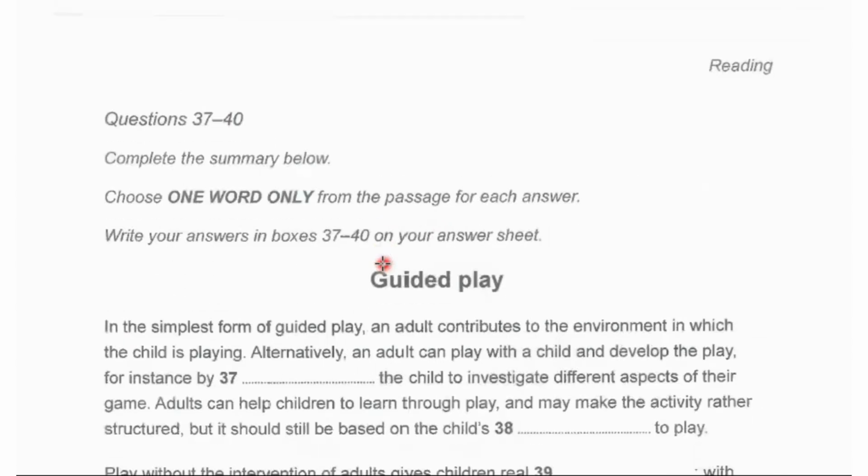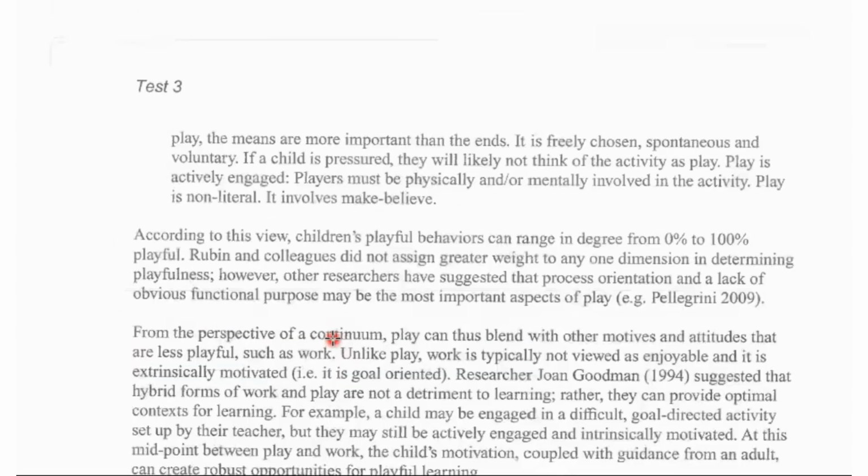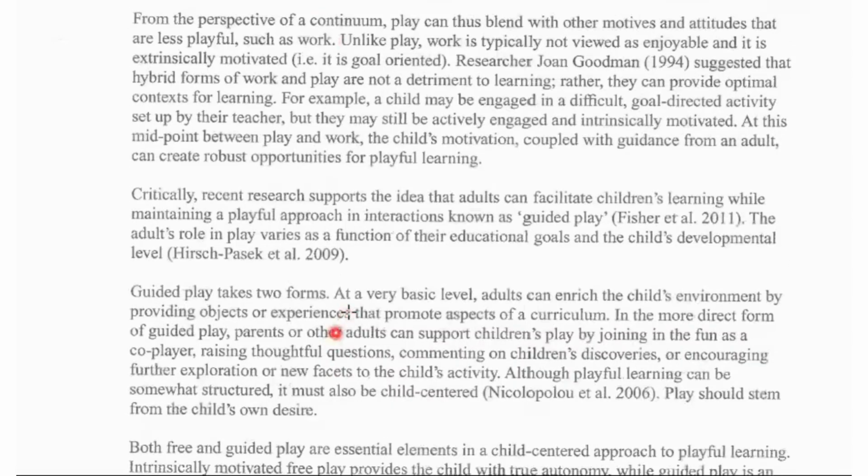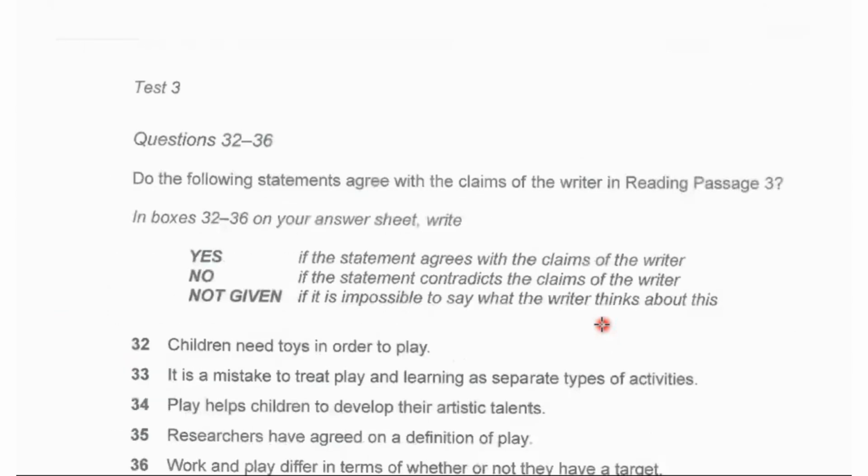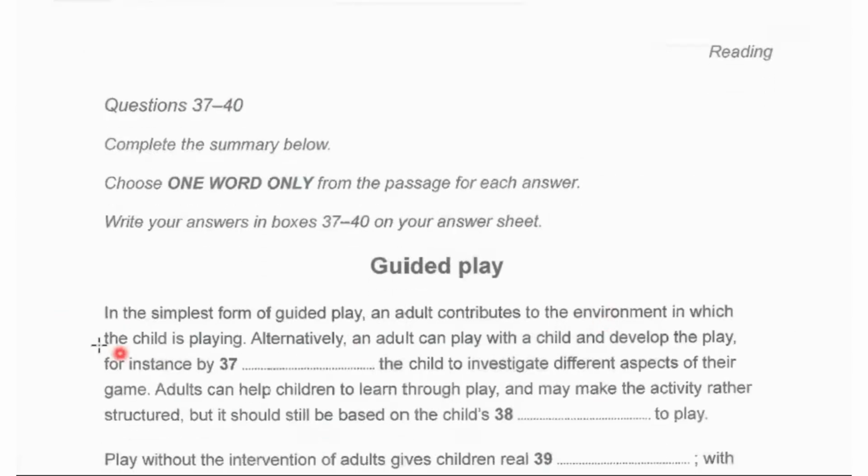In the question, they use the word simplest form. In the passage, they use the word basic level. Adults can enrich the child's environment by providing objects or experiences that promote aspects of a curriculum. Let's go back. In the simplest form, an adult contributes to the environment in which the child is playing.